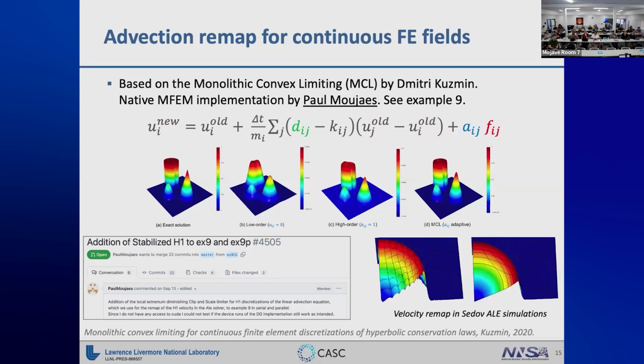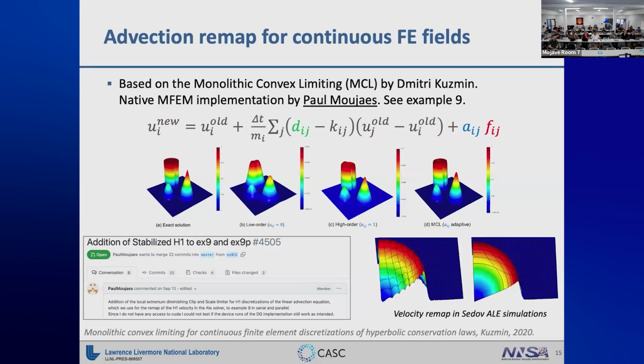But Paul looked at that. Another student of Kuzmin, Paul is in Dortmund. He looked at stabilized H1 advection based on this MCL convex limiting by Dmitri. So you have two things. The D is like a diffusion. When A is 0, you get the low order diffused solution like this.